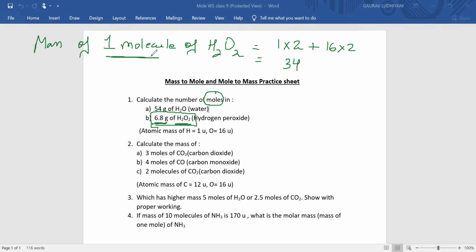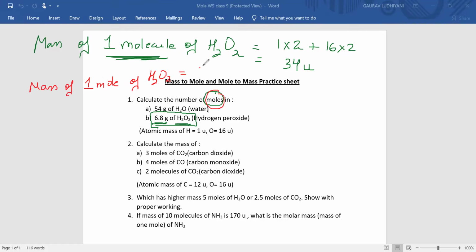Since we are talking about one molecule, it's 34 u. But then I realized that the question is playing in moles. So I'll change my interpretation to moles. So mass of 1 mole, or you can also call it molar mass of H2O2.